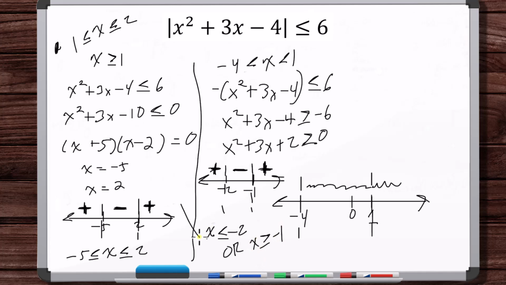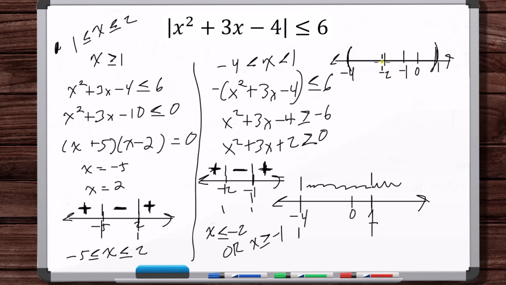Okay, but now where do these two overlap? So this is kind of confusing. Let's draw this out. So we've got 0, 1, minus 4, minus 2, minus 1. Okay, so we've got between minus 4 and 1, without including the endpoints.